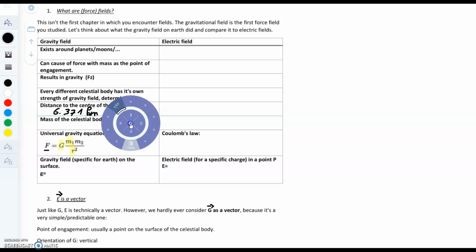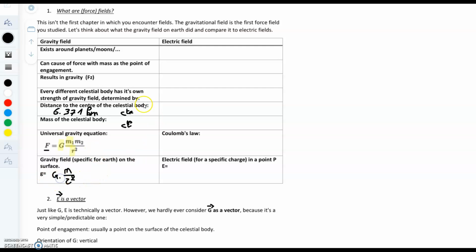The mass of the celestial body is pretty much a constant in this case, meaning all of this is a constant in this case. That constant being capital G times the mass of Earth divided by the radius of Earth to the second.